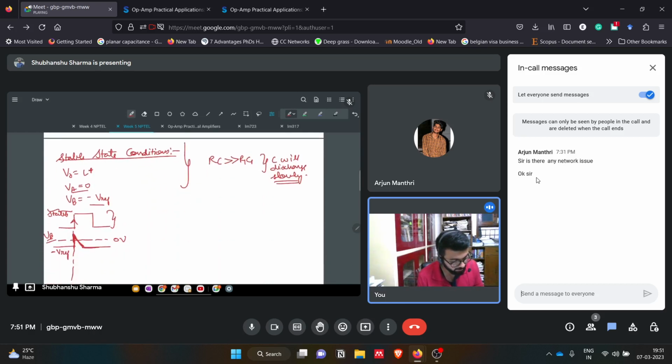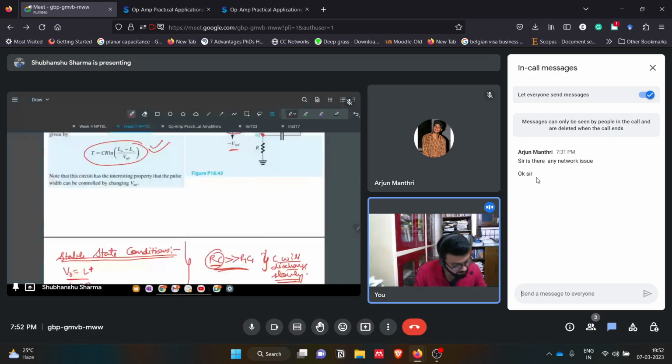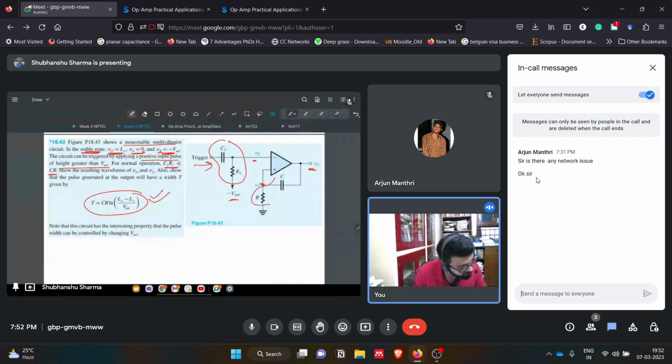So we know that in the stable state, as given in the equation, the output is plus V sat, that is L plus, and VA equals 0. VB is minus V reference, and this condition means that C will discharge slowly, because the RC time constant is higher, so this RC network will discharge slowly in comparison to the other network.